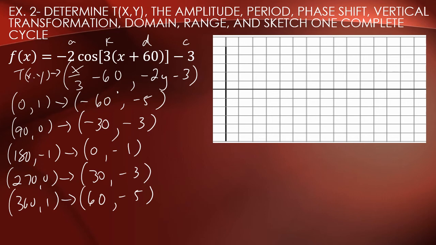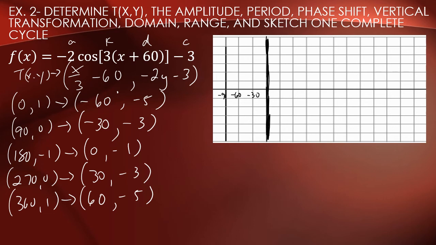Now our scale, if you look at your x coordinates, the lowest is negative 60, and it's going up by 30s. So what I'm actually going to do here is change where my y-axis is. I'm going to put my y-axis here. So ignore that bold black line on the left, and we're going to say this is our y-axis. We're going to ignore that other one. That way we can get into the negatives. So this would be negative 30, negative 60.